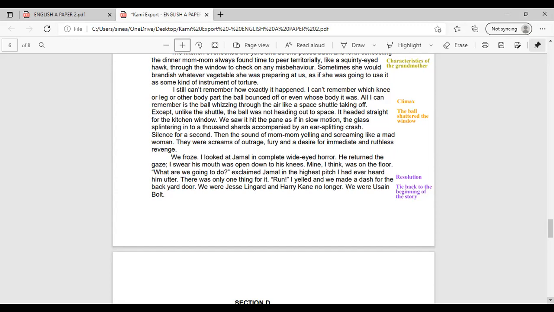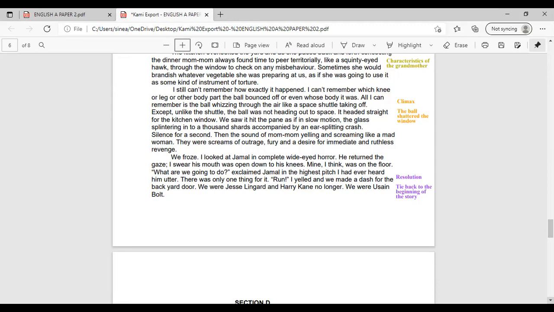So as much as this is the highest point of the story, we see a kind of slow motion taking place here, whereby, oh my goodness, the thing that the grandmother had warned them about is actually happening. What is she going to do to them?